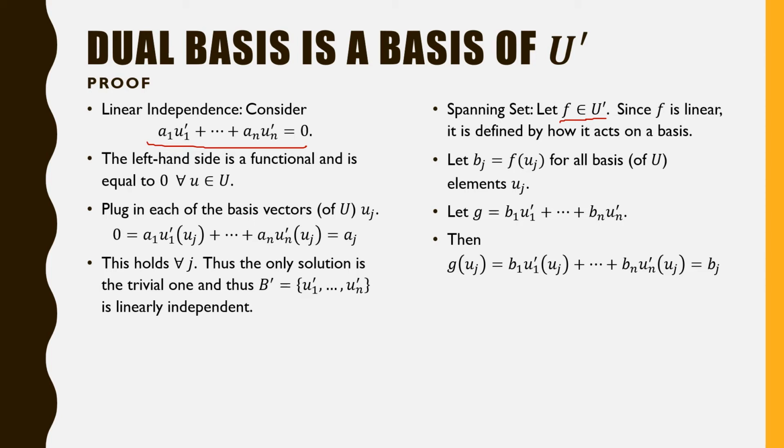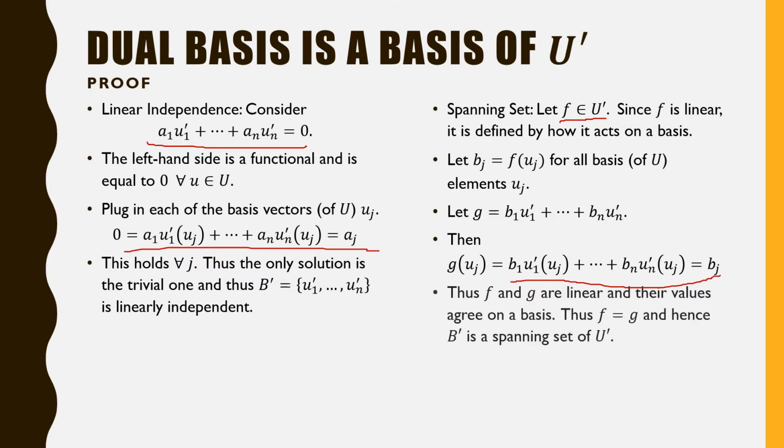Again, because of the way function addition and scalar multiplication behave, this is plugging uj into each of the u1 primes to un primes in that linear combination. And just like this equation over here, the only thing that survives is the j coefficient. So G of uj does in fact equal bj. And this shows that f and G agree on a basis, which means that they have to be equal as functions.